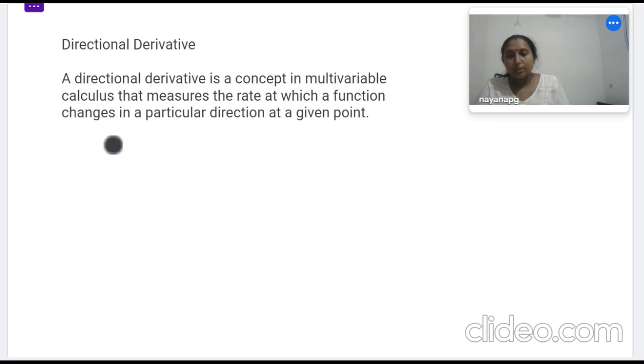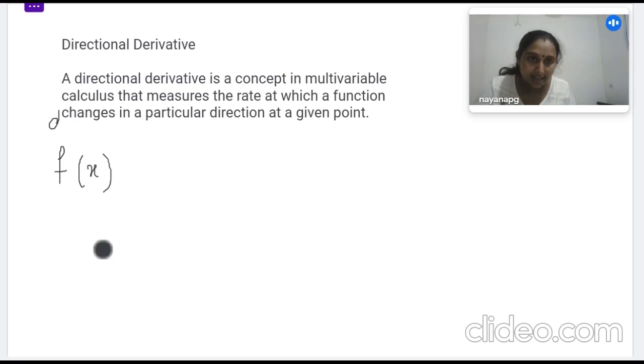We know that the ordinary differential is from single variable calculus, which deals with a function f having only one variable. Let's consider that the function has only one variable, that is x.